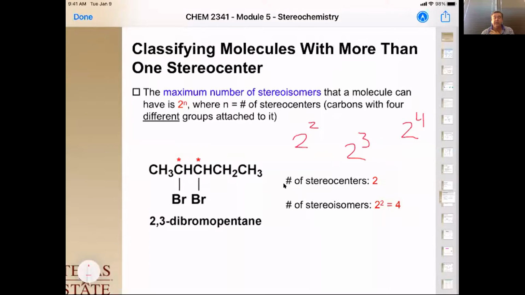In the case of 2 stereocenters, you can have 4 different isomers available to you. In 3 stereocenters, you're going to have 8 possible isomers. And in 4 stereocenters, you're going to have 16 possible isomers. Now, how do you figure that out? Well, we start with our first pair of enantiomers, and then we work out from there.